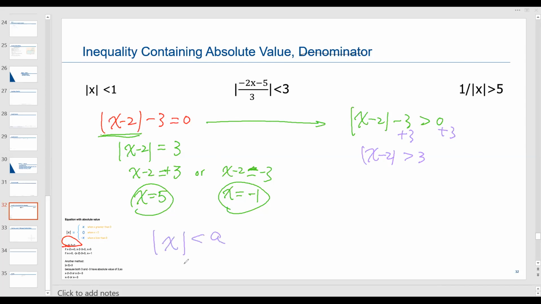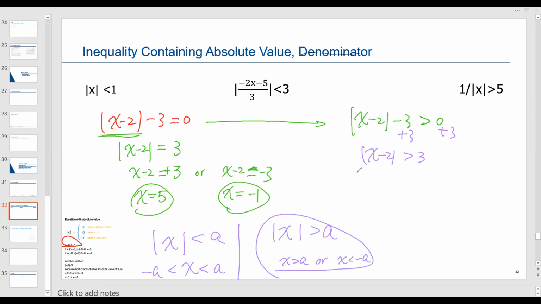Now with this situation, we go back to this one. Let me rewrite it here. When |x| is greater than a, we can get two situations: x greater than a or x less than -a. That's two situations.